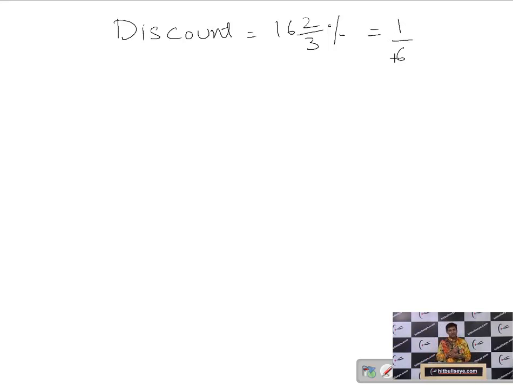Now here we know that discount is 16 2/3% or 1/6 as a fraction. Now as per the condition given in the question, marked price minus selling price is equal to selling price minus cost price. As he said, the difference is same. Now let's interpret the fraction of discount, which is 1 by 6.